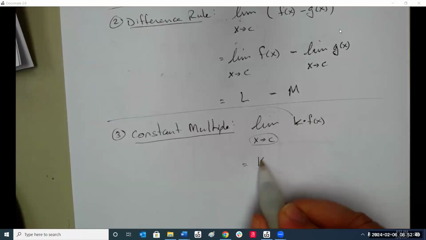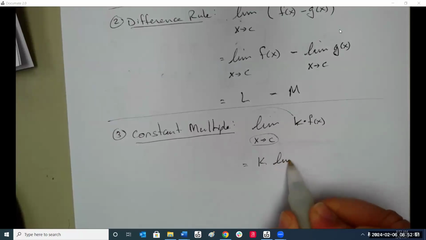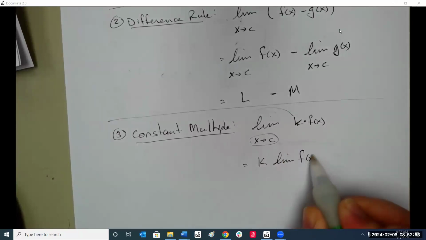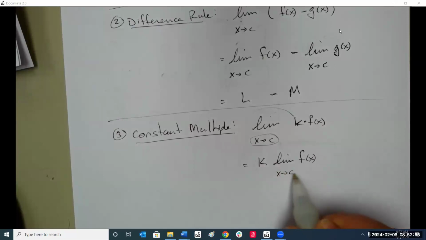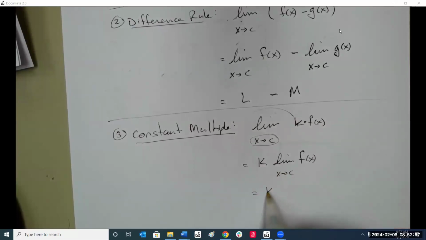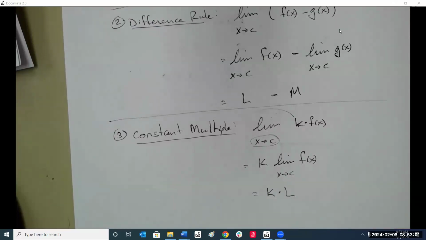So we can take the constant out. So it becomes the constant times the limit. Again, this is another thing we'll be using a lot in this course and the next two courses after that. So if you have a constant coefficient, you can take it out and just worry about the function itself.